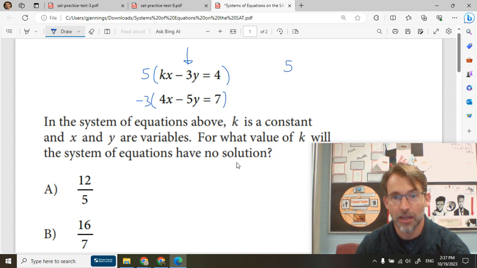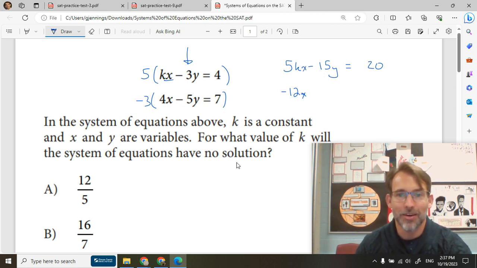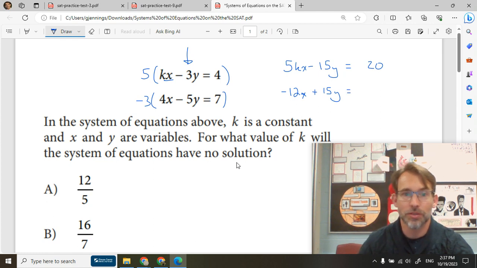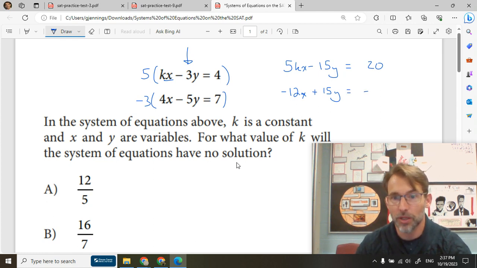5kx minus 15y equals 20. And negative 12x, oops, I should have an x up there. That's kx, not just k. Okay, negative 12x minus 5y, my apologies, plus 15y equals negative 21.